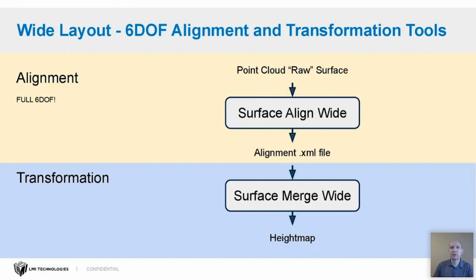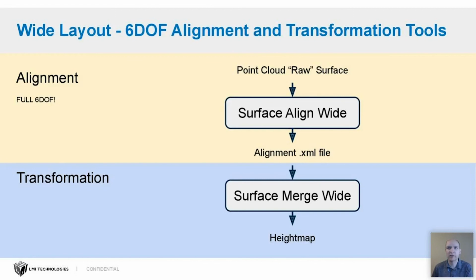The benefit of this tool over the transformation that you would typically have on the scan page is that this is running a lot faster because it's taking in an entire surface rather than operating on a profile-by-profile basis. So you can perform this transformation in full 6 degrees of freedom a lot faster than you would have been able to if you had entered those same angles on the scan page, just because it's operating on a surface-by-surface basis.